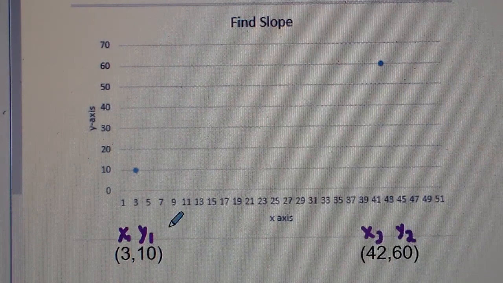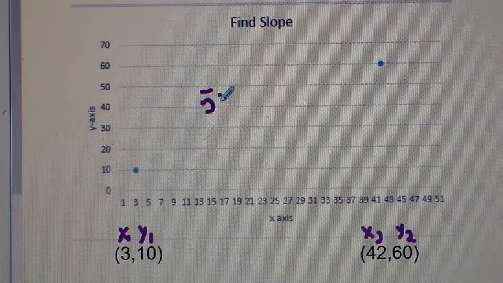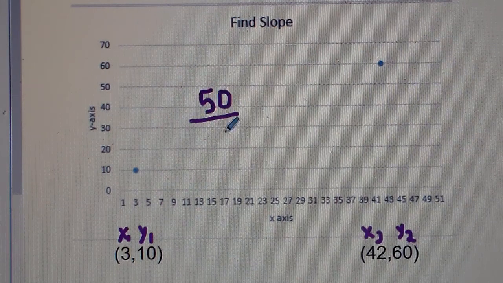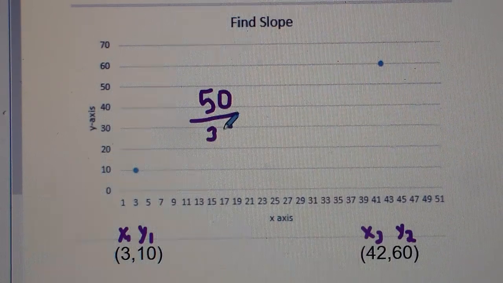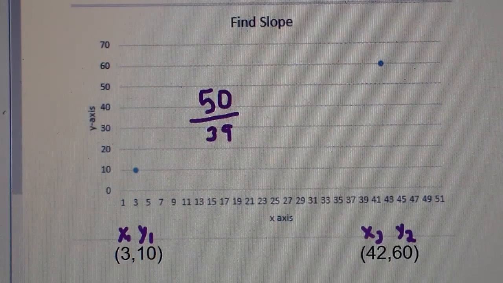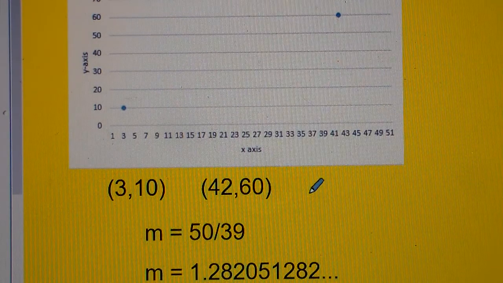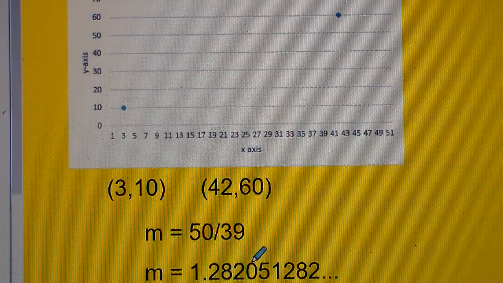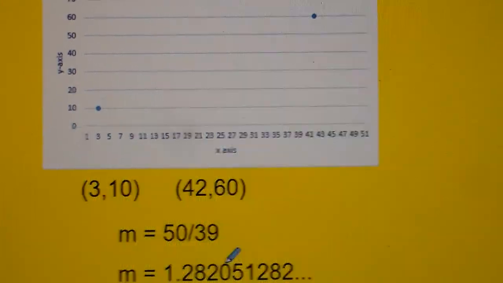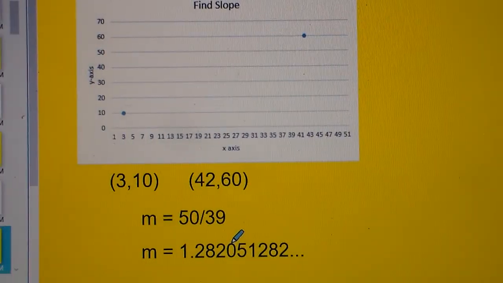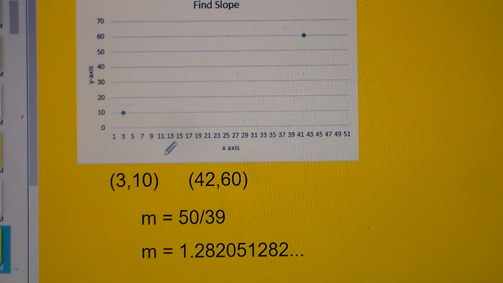We crush it out. 60 minus 10 gets you 50. And 42 minus 3 gets you 39. So we have 50 over 39, which then that slope is 1.28205, a little irrational number. And that's the slope between these 2 points on the graph.